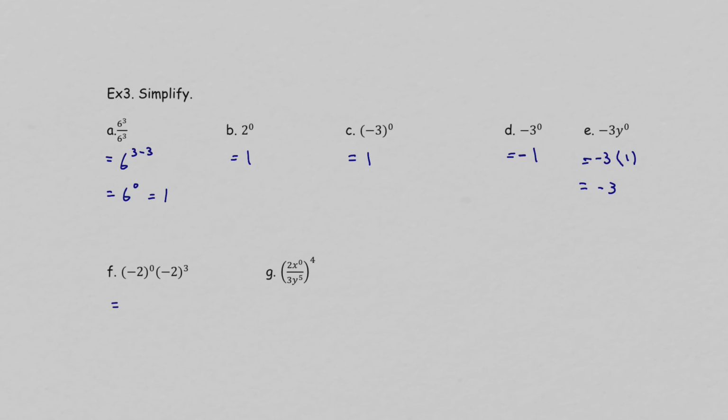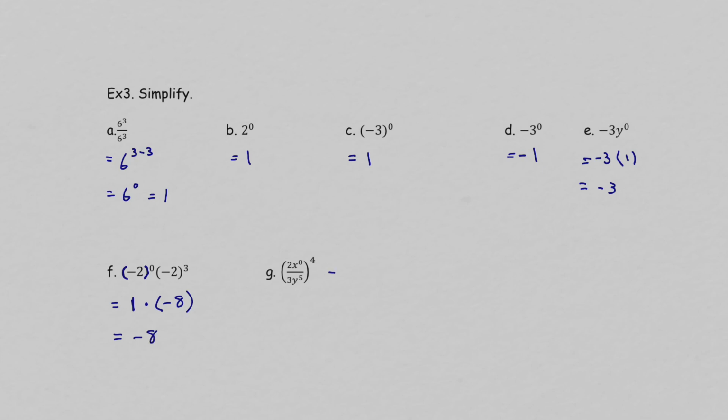The next one, we have negative 2 to the 0 exponent. Because of the parenthesis, the whole thing becomes 1. But then you have another multiplication. Negative 2 cubed is going to be negative 8. So that gives you negative 8.